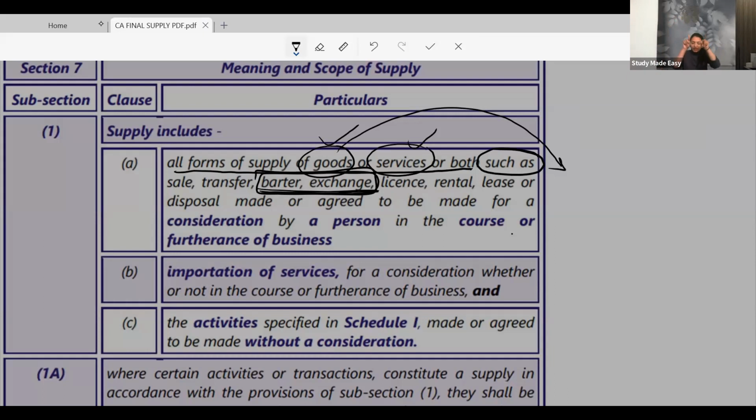The words such as, write in apostrophes, the words such as gives only examples in the definition of supply, where barter means exchange of goods and service with no element of cash, with no element of cash.